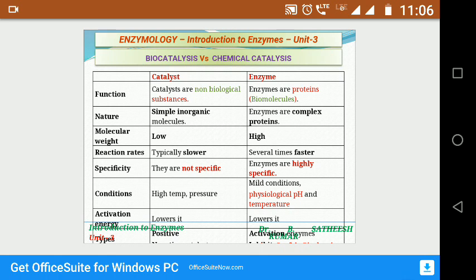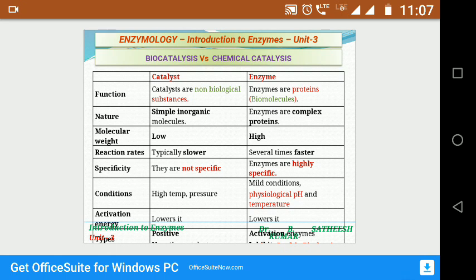The reactions carried out in the presence of a chemical catalyst are slower than the enzyme catalyzed reactions. So the enzyme catalyzed reactions are even faster than the chemical catalytic reactions.